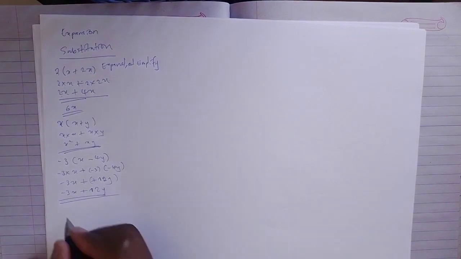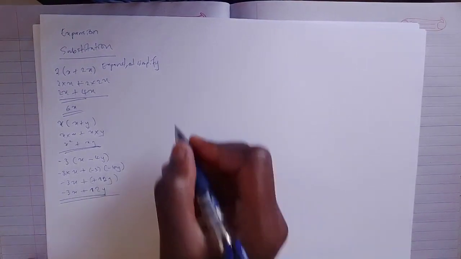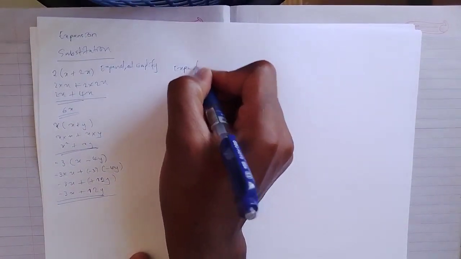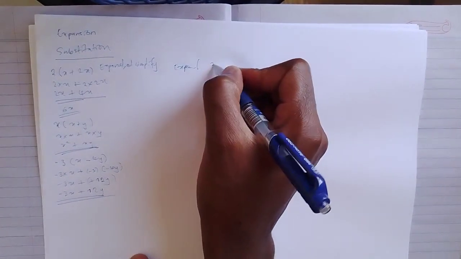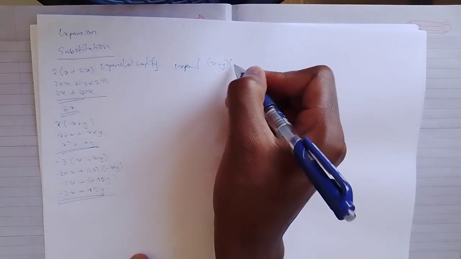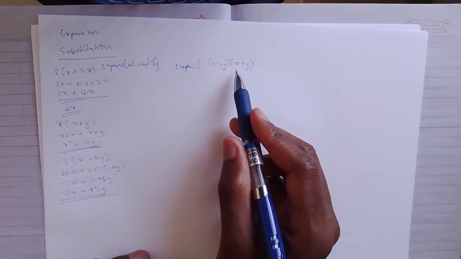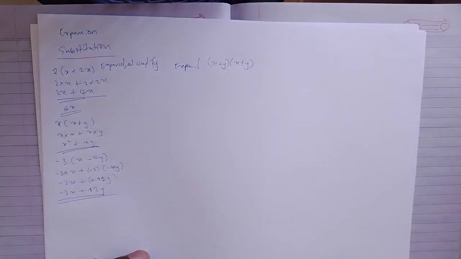Now the second part of expansion, we're given two sets of brackets. So say you've been given to expand (x + y)(x + y). You want to remove the brackets from x plus y and x plus y. So how do you go about that?